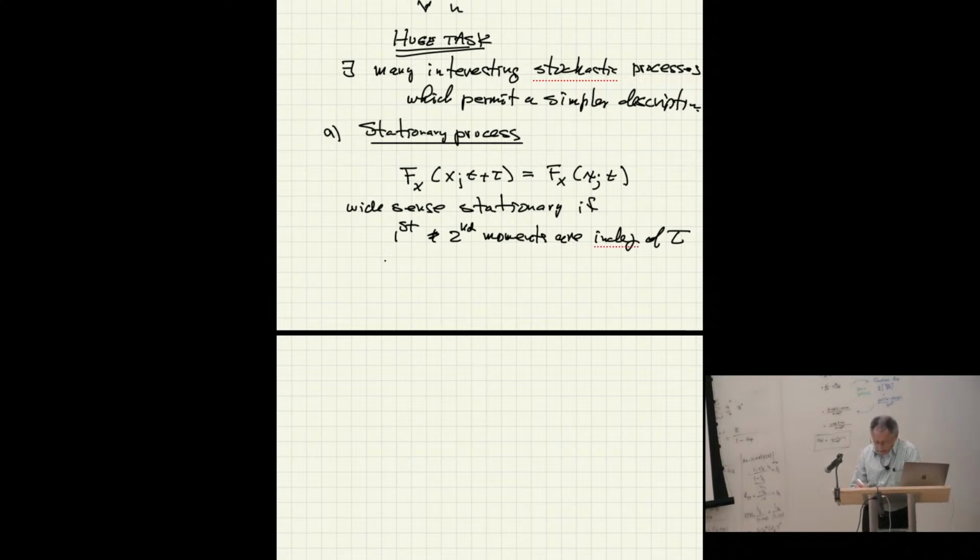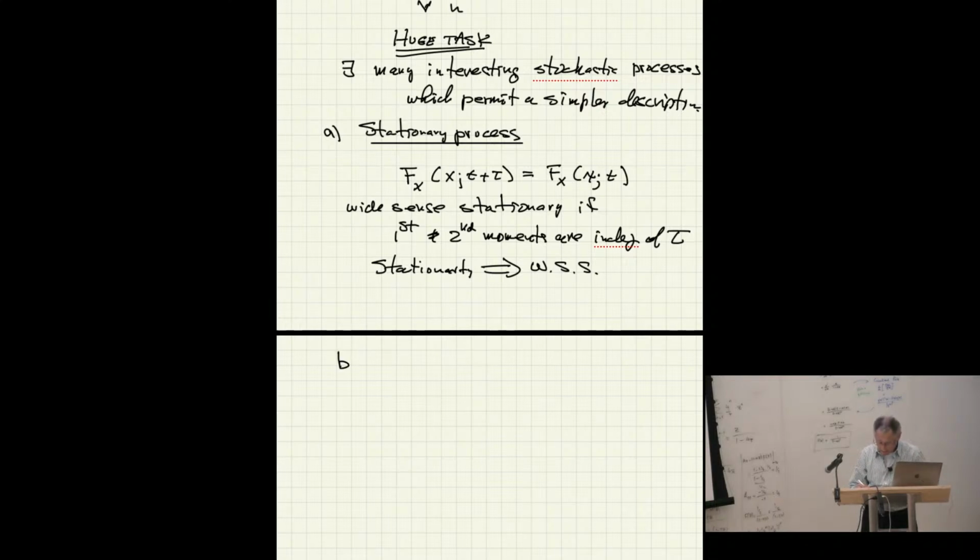Now, clearly, stationarity implies wide sense stationary, but not the other way around. So wide sense stationary is not as restrictive. People use wide sense stationary processes in the theory of communications quite a bit, because a lot of it is second order theory, and this talks about the second order capability. Okay, that's a stationary process.